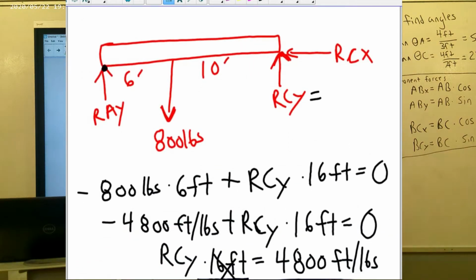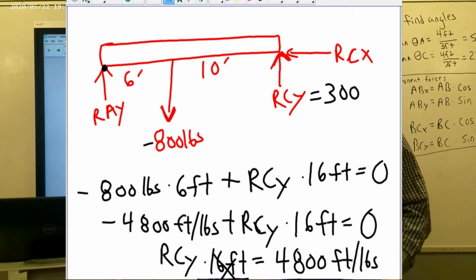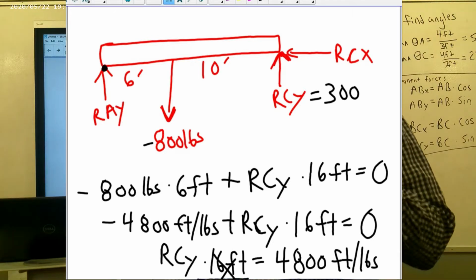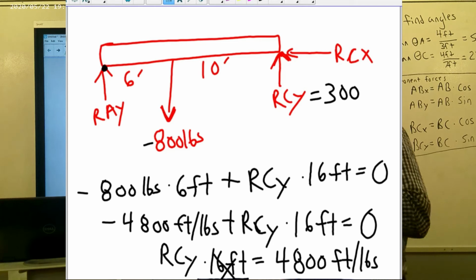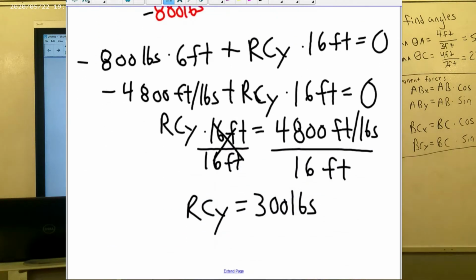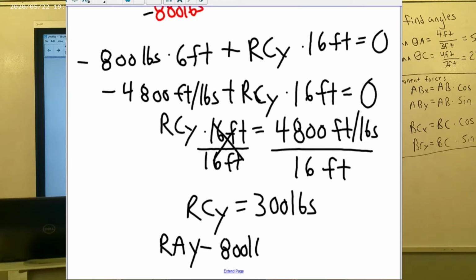We have negative 800 pounds, we have positive 300 pounds, and we have reaction force AY. And we know that those need to add up to 0. So we can set up an equation that says reaction force AY minus 800 pounds plus 300 pounds, which is our reaction force CY, equals 0.